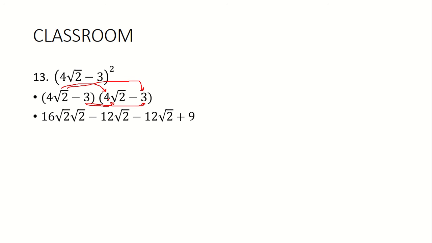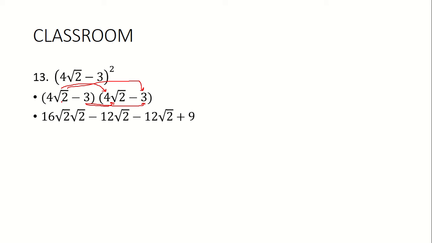Four times 4 is 16. Square root 2 times square root 2 is square root 2 times square root 2. 3 times 4 is 12. And we still have that root, so it will be the 12 and then square root of 2.